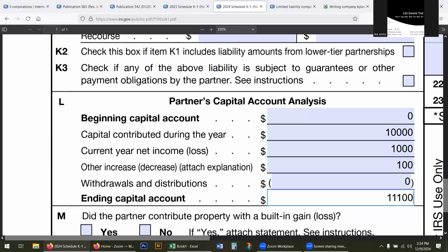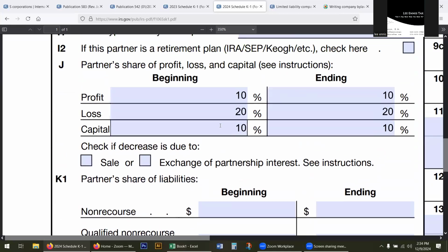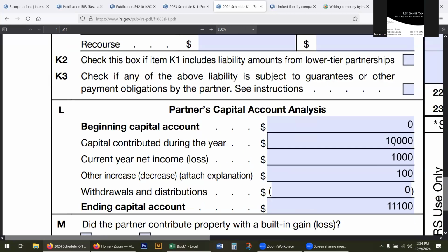And then the way that works is next year you're going to add up this number plus the other ending capital accounts for all the other partners, divide by the number of partners, and that's how you come up with the new capital beginning, because now maybe it's 11% because maybe another partner took some money out and so their capital changed, or maybe you have a partner that didn't put in this soft asset.